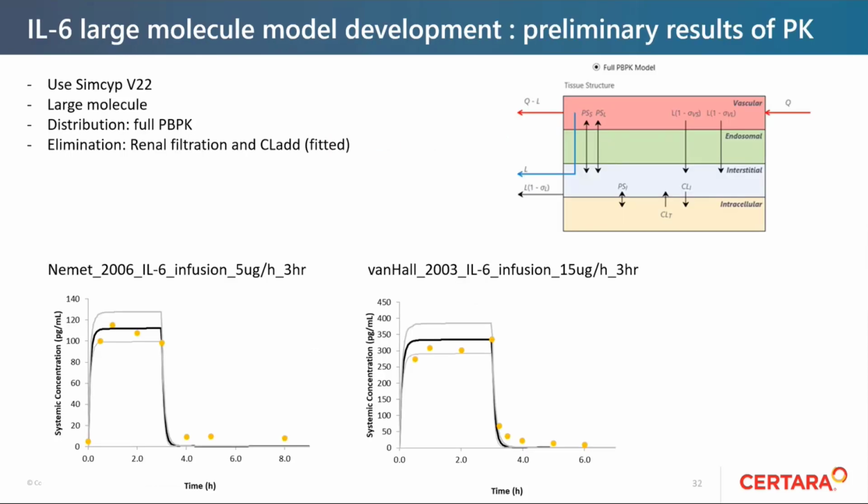Then next, we have built the IL-6 large molecule model using Simcyp version 22 to describe its PK profile. As you can see on the bottom here, compared to the observed data in the literature where IL-6 is dosed intravenously, the simulated PK profile recovered the observed data reasonably well.